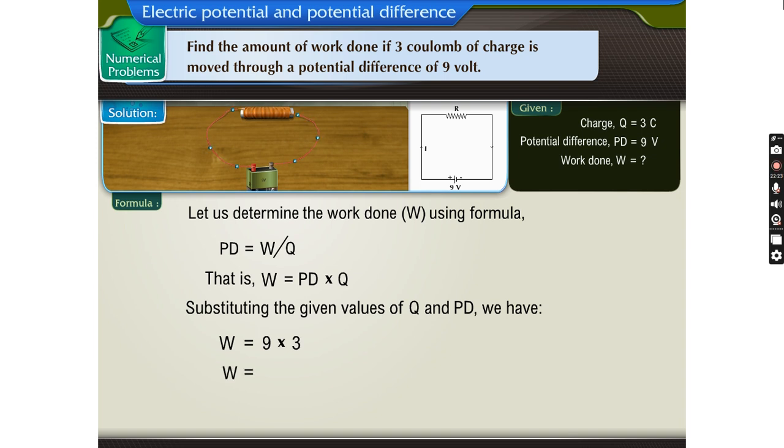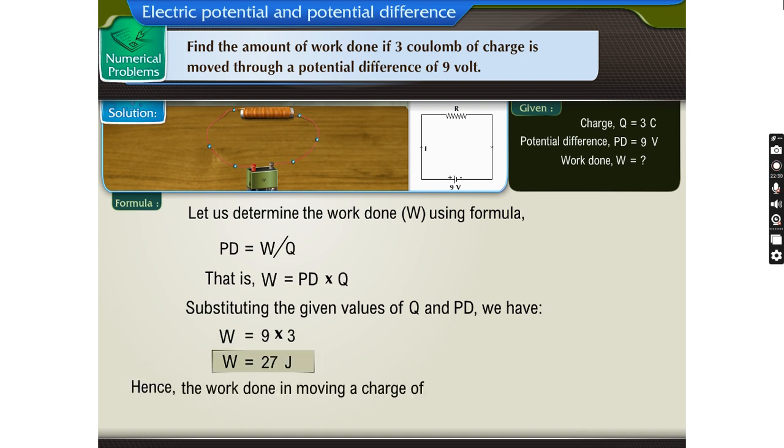W is equal to 27 joule. Therefore, the work done in moving a charge of 3 coulombs through a potential difference of 9 volt is 27 joule.